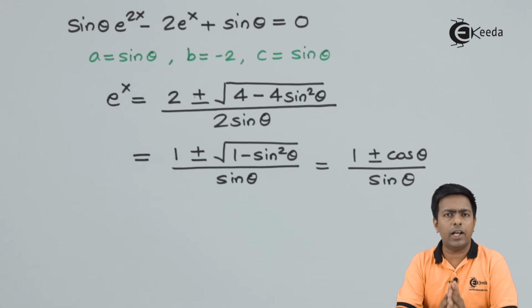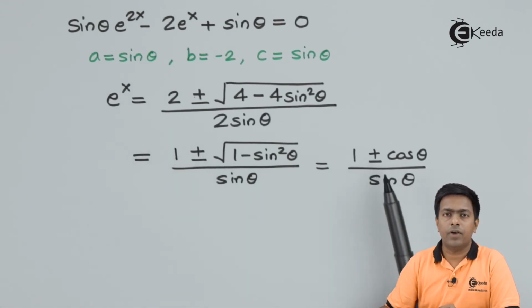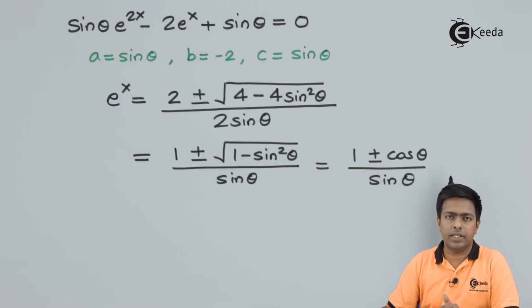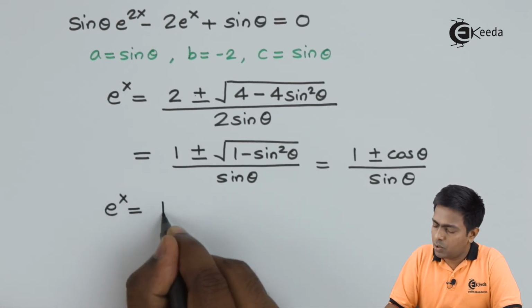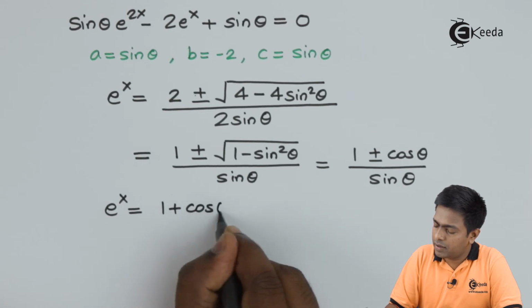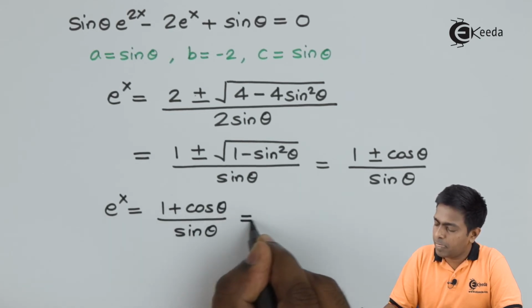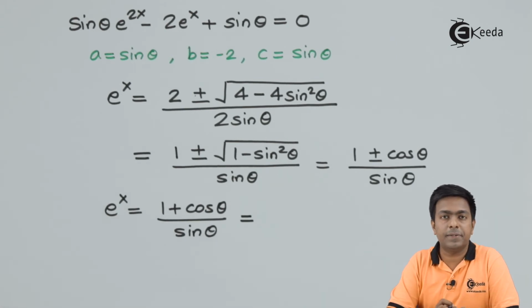To get that value, here I will consider the positive term. It means I will just consider 1 plus cos theta in the numerator upon sin theta. So here we'll say e to the power x is 1 plus cos theta upon sin theta. I'm making that decision based on what is required.